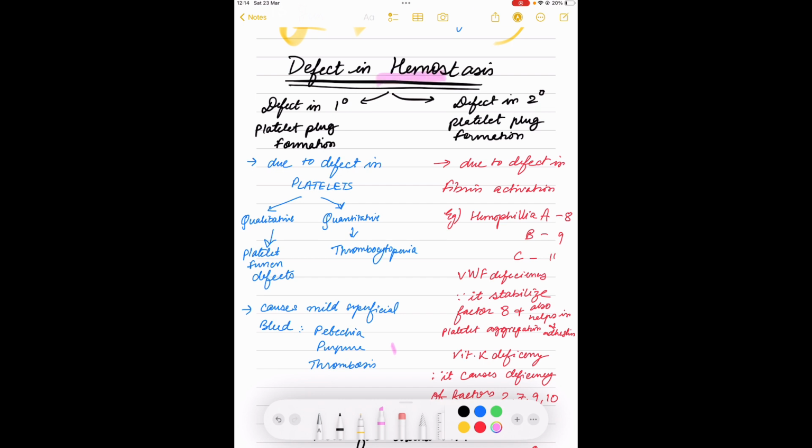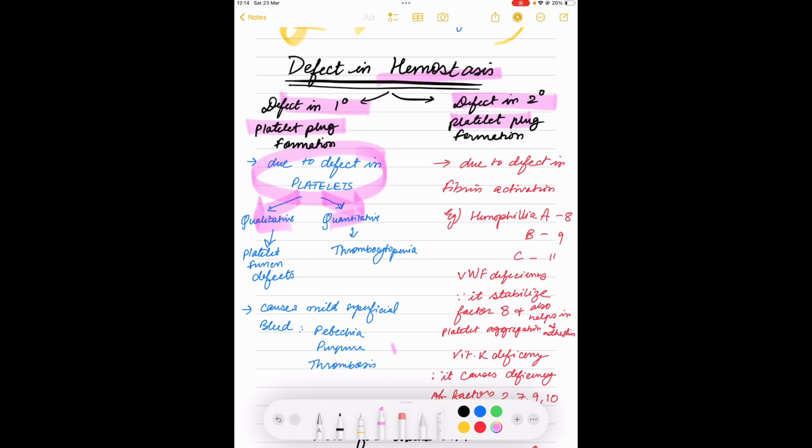Defect in hemostasis could result as defects in two different plugs, that is defect in the primary plug or defect in the secondary or the permanent platelet plug. Now as you know, primary platelet plug is formed only by platelets, and so any defect in the platelets could lead to a problem with this part, and defect in platelets could be quantitative or qualitative.